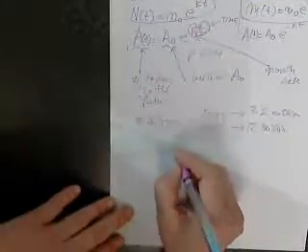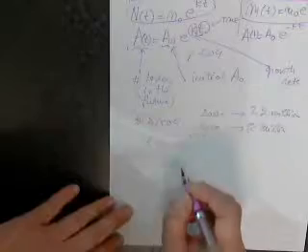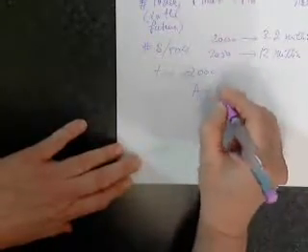So t equals 0 represents the year 2000. Use the exponential model to find the exponential growth function that models the data. So they're really asking us to find this.